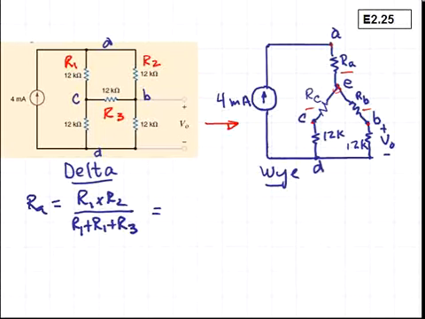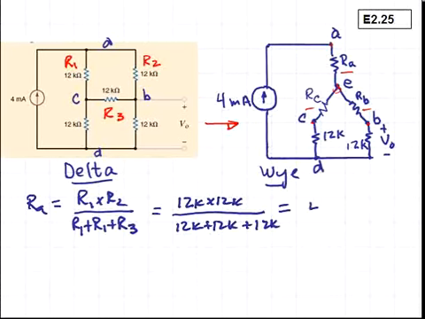And that will be equal to 12K times 12K divided by 12K plus 12K plus 12K, and that is equal to 4K. Because of the equality of the resistor values in that delta configuration, the 12 kiloohms all around the triangle there, we'll have that RB is equal to RC is equal to RA, and that's equal to 4K also.